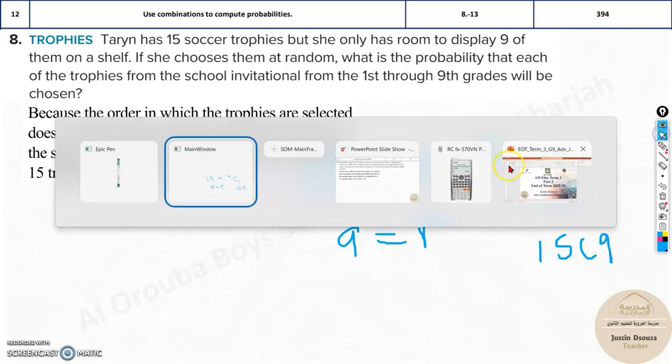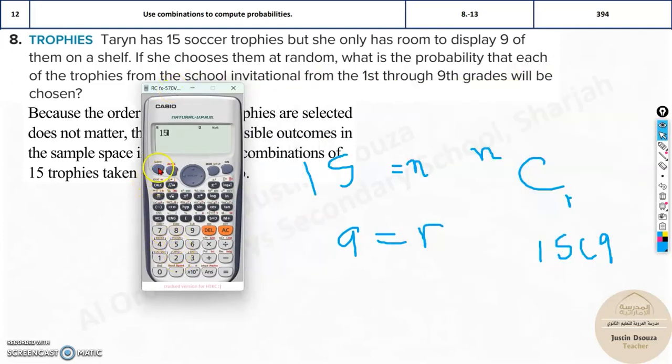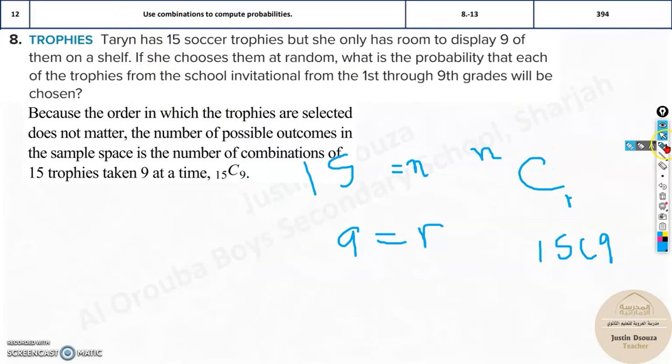You can just put this in the calculator directly. 15, shift and use the division symbol, and the r value is 9, and that is the answer. So these are the total possible ways to select 9 out of 15. So now what it means is there are 15, 1 to 15, right? Any 9 can be selected. There's no order in consideration.